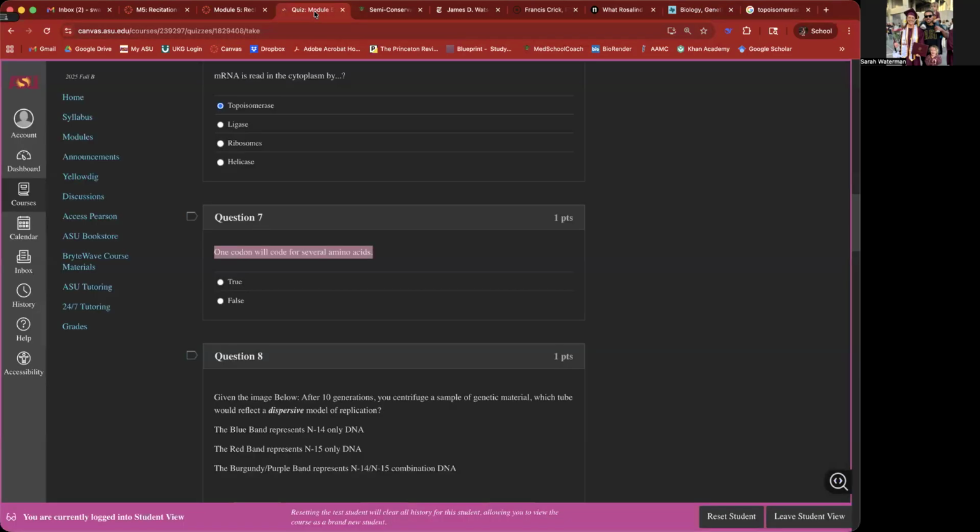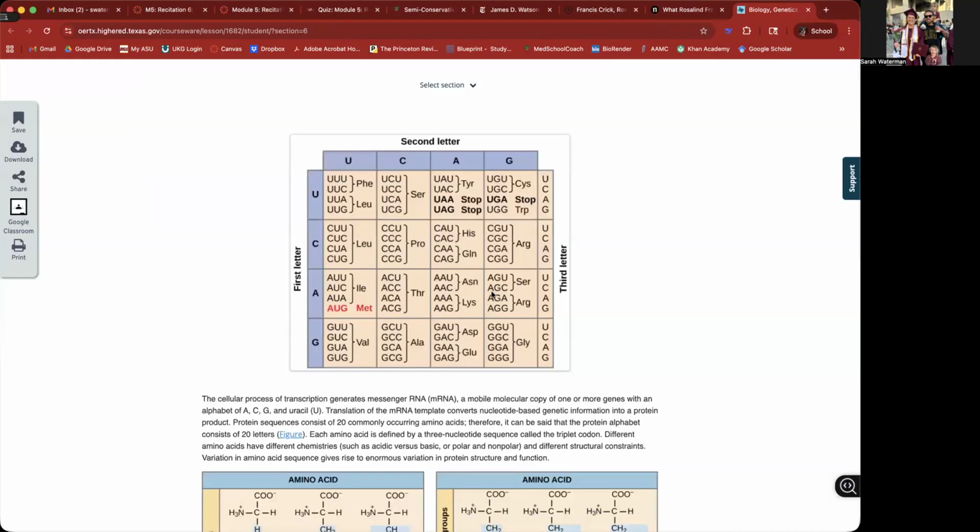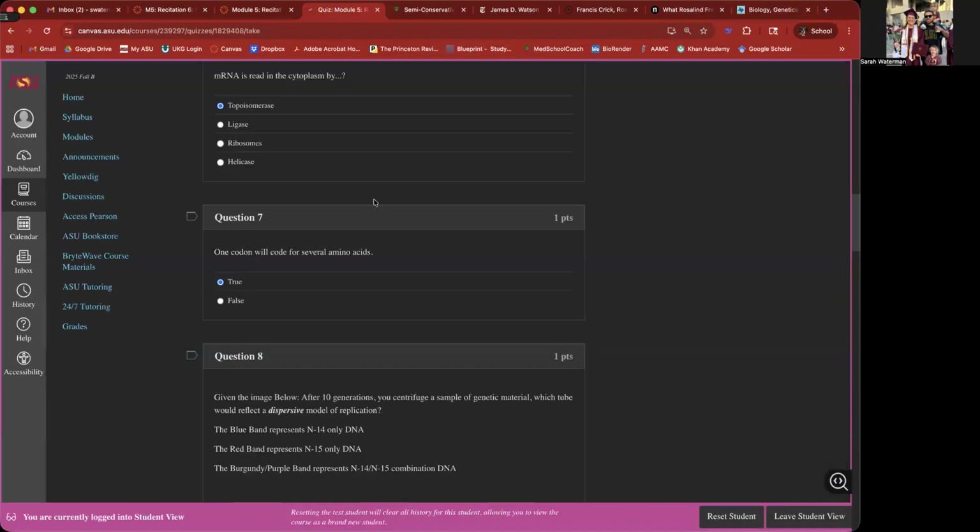So we know that that can't be true. And actually, it's the opposite of true, because what this is saying is that we actually have multiple codons that can code for the same amino acid.